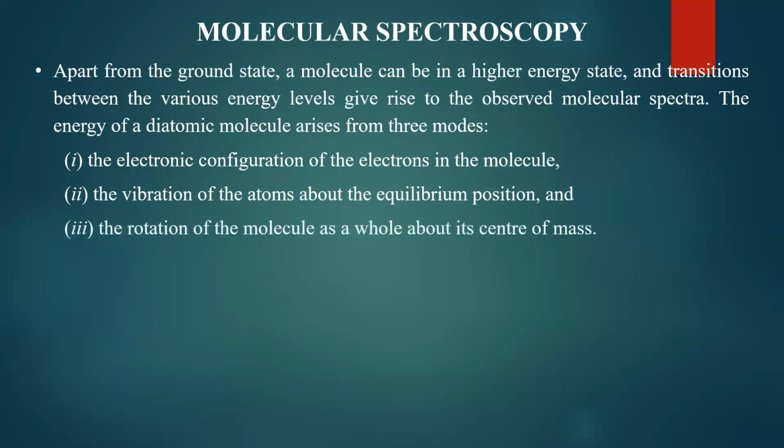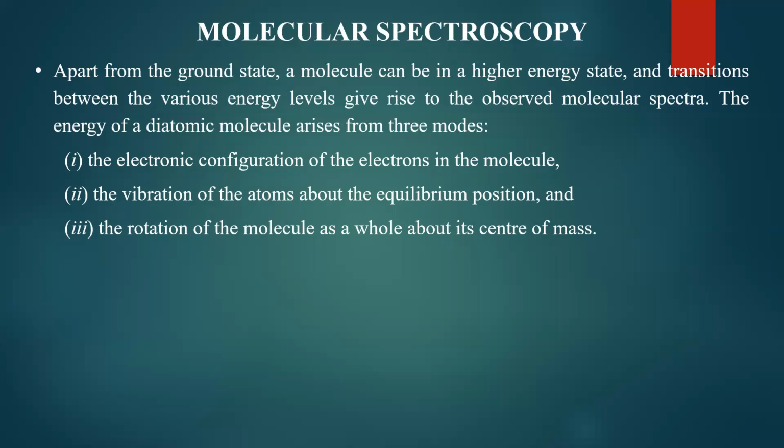The third part is the rotation of the molecule as a whole about its center of mass. About the center of mass, the molecule can rotate in different directions about a certain axis. Because of that, it acquires some moment of inertia, and that leads to the rotational energy of the molecule. So basically, the three modes of motion are the electronic motion, the vibrational motion of the atoms in a molecule, and the rotation of the molecule.